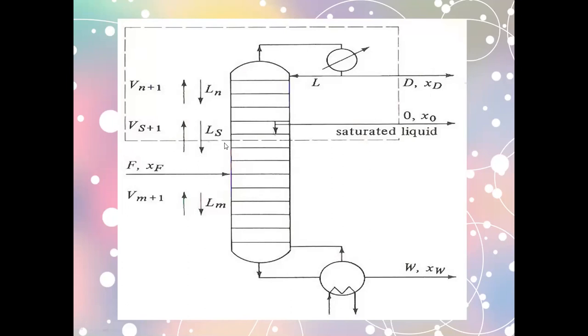The L sub S, V by the way is vapor and L is liquid. So L sub S is liquid, distillate is liquid, and O is liquid.